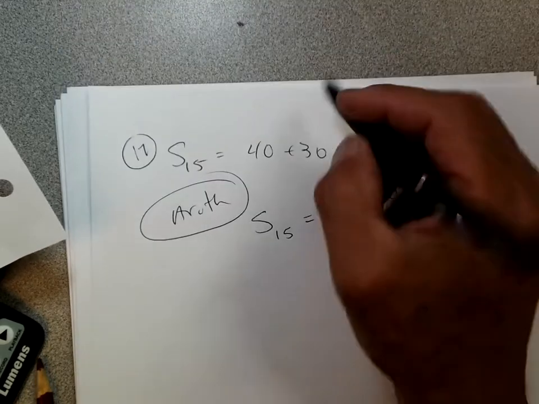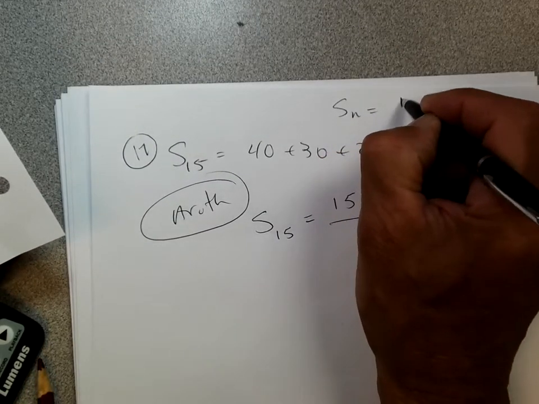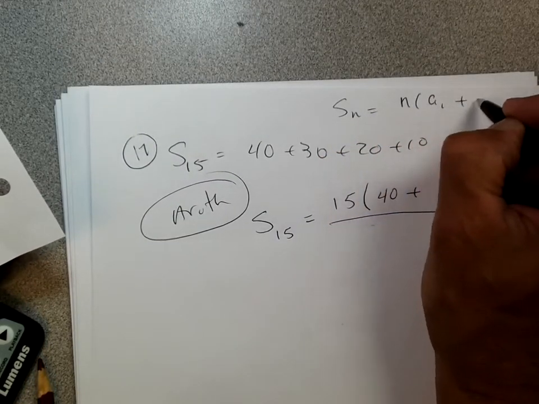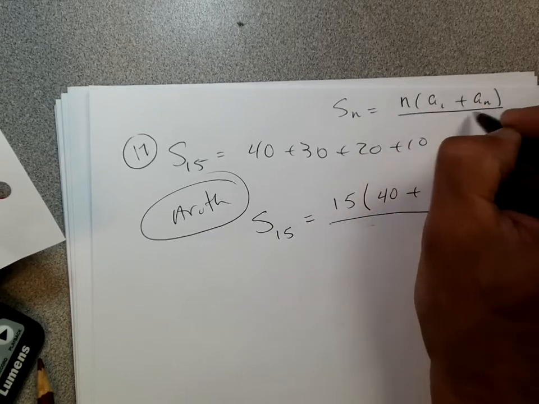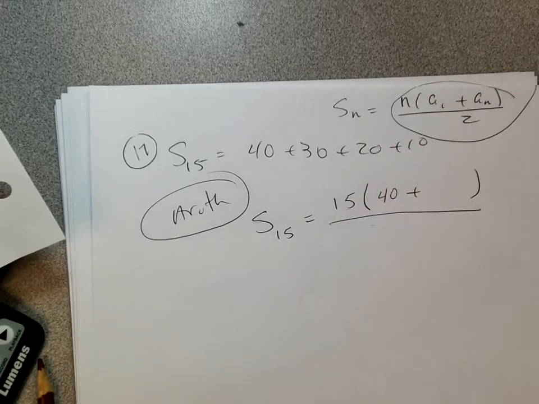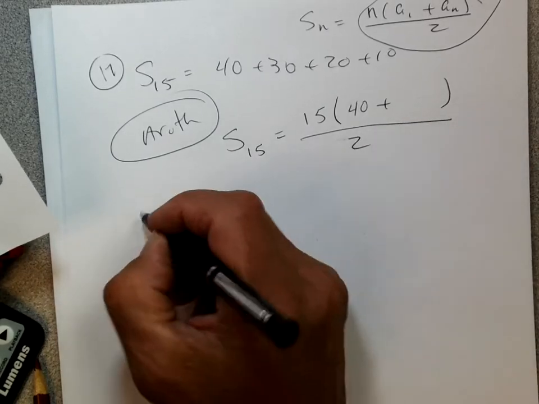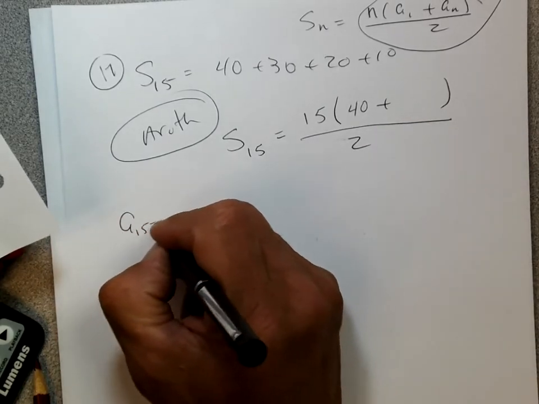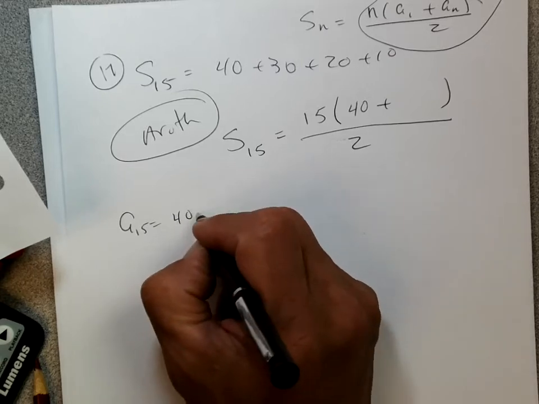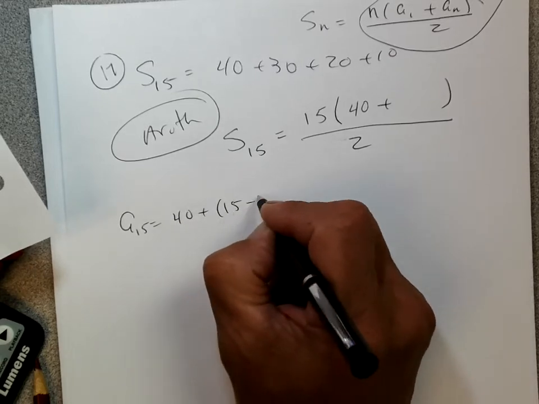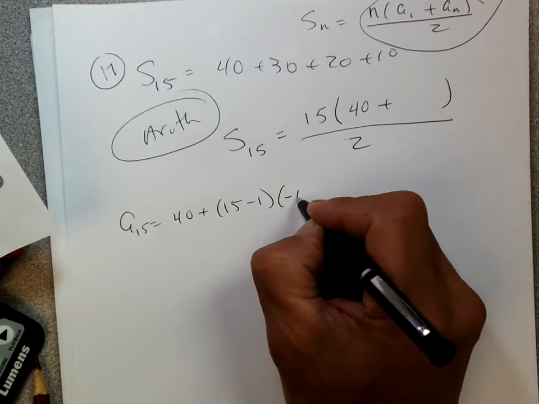I'm using the formula S of n equals n times (A1 plus An) divided by 2, because it's arithmetic. A of 15 equals A1 plus 15 minus 1 times the difference, which is negative 10.